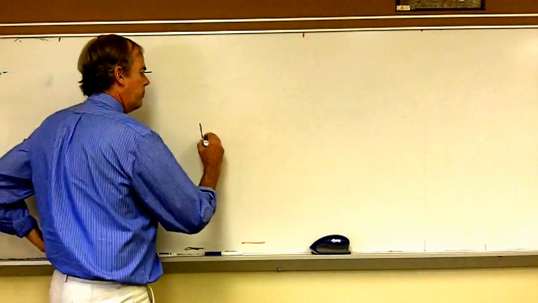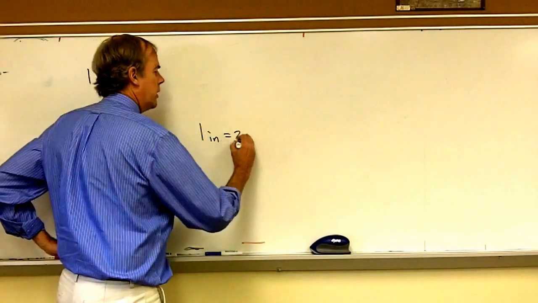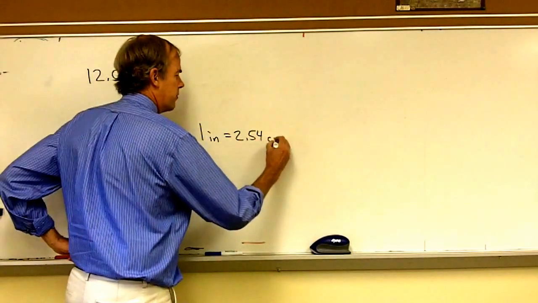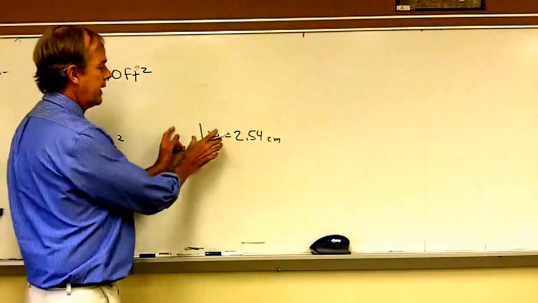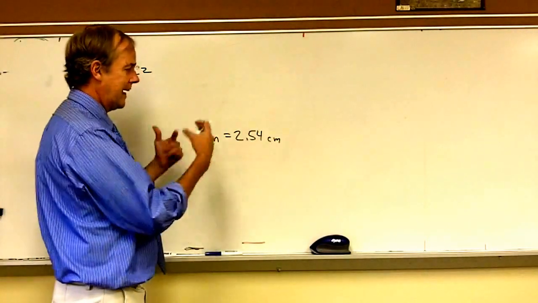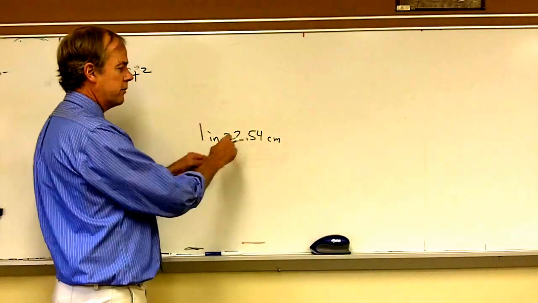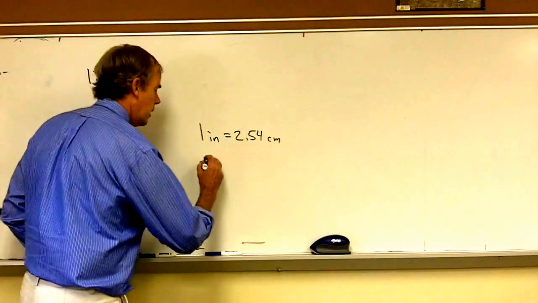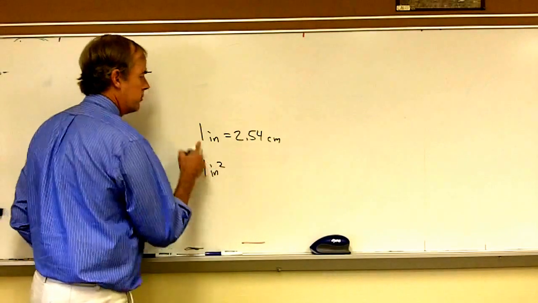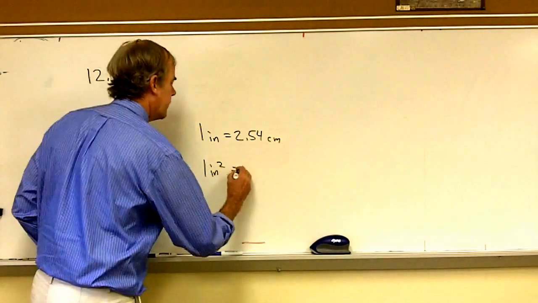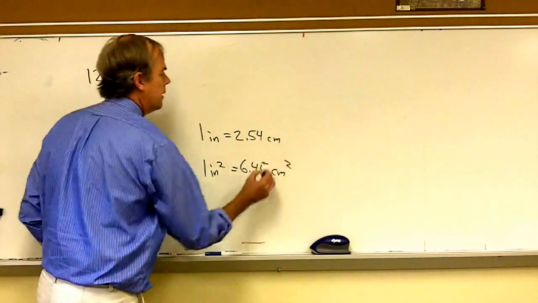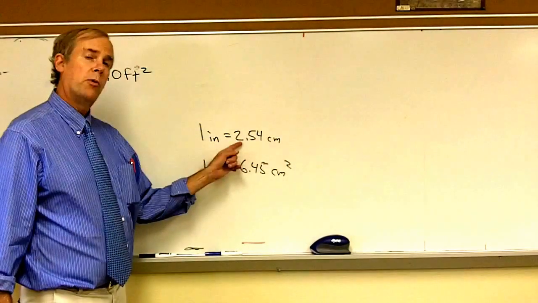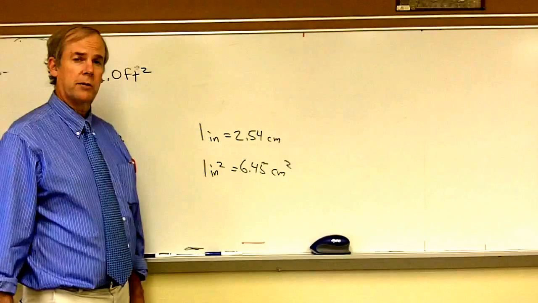And in one dimension, we learned last time that 1 inch equals 2.54 centimeters. So if that's true, I can square both of these and get an equation for square inches to square centimeters. 1 inch squared is what I get when I square this. And 6.45 centimeters squared is what you get if you square 2.54 and then square the centimeters.